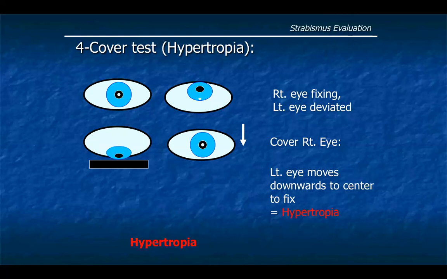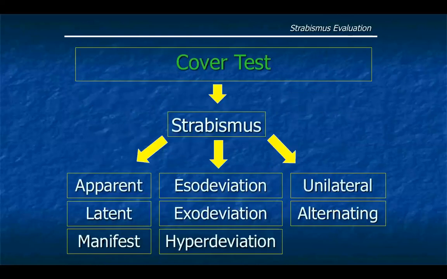If the eye has hypertropia, the right eye is fixating, the left eye is deviated. We cover the right eye, the left eye moves from upwards to downwards to reach the center to pick up fixation. So this downwards movement means there is hypertropia. So by a cover test, we can determine if the deviation is an esodeviation, an exodeviation, or a hyperdeviation.